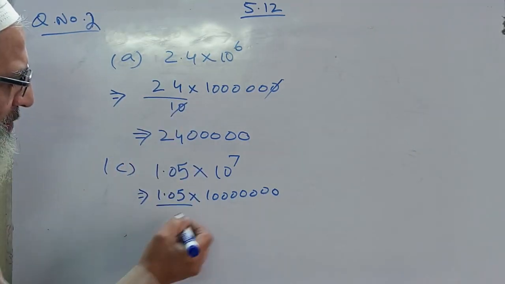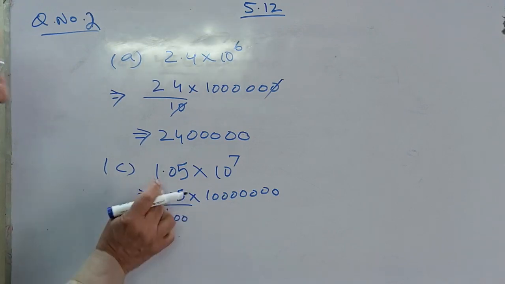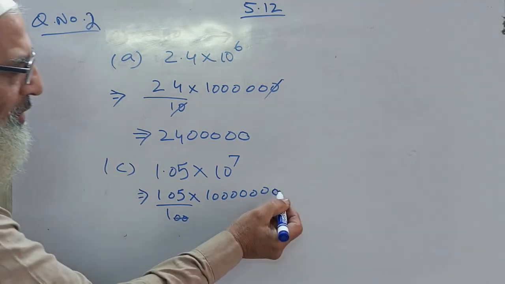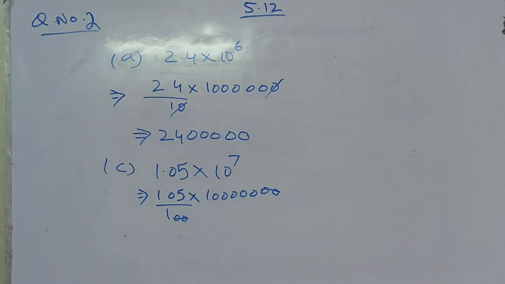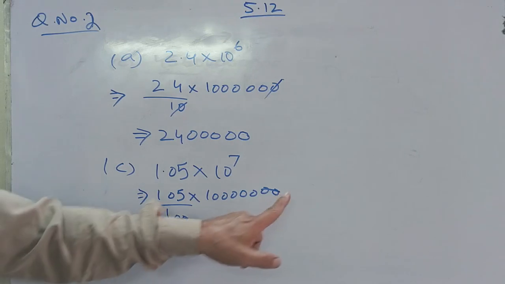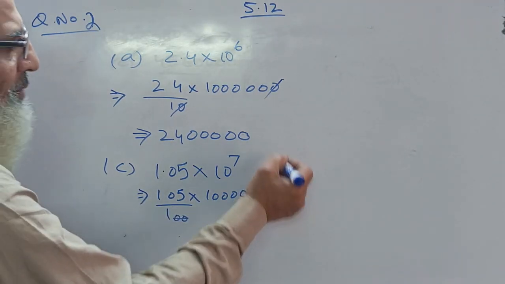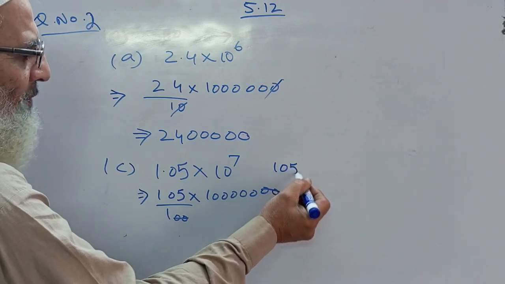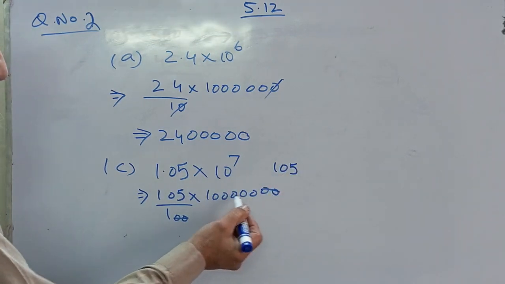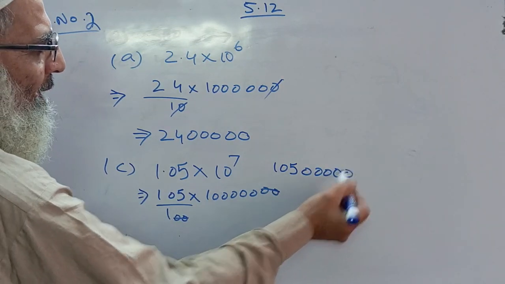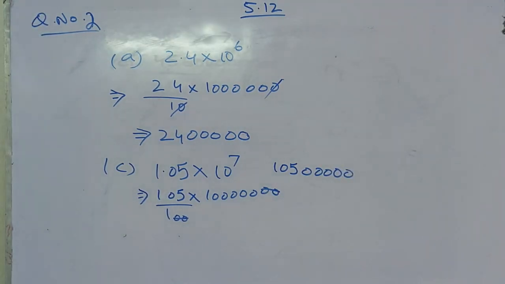Similarly, we have to remove the point. So the point has been removed. So you will have to lose two zeros from here. So these two zeros are crossing these two zeros. So it has become 105 with how many zeros? 1, 2, 3, 4, 5. So this is your answer.